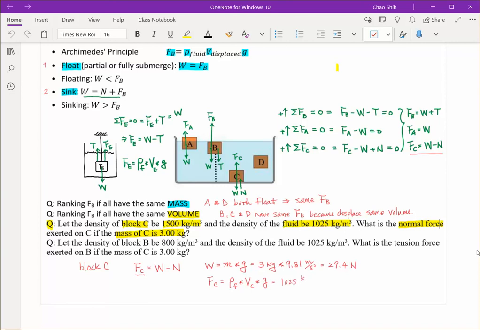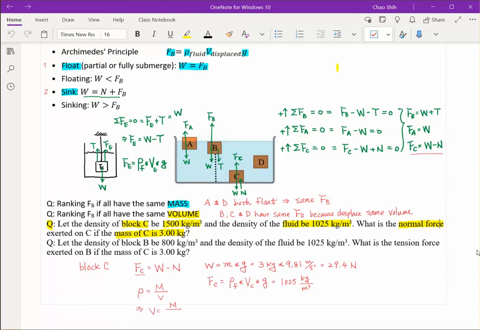What about the volume of C? Well, it doesn't give you the volume of C. It gives you the density, it gives you the mass, but based on these two, we can find out the volume of C, because we know density is equal to the mass divided by the volume, or volume is equal to the mass divided by density.